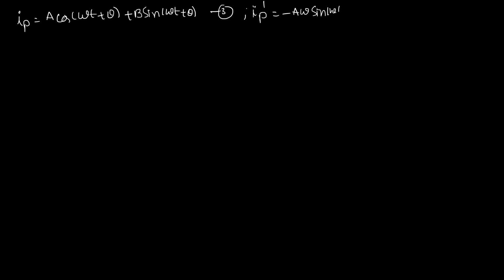For your convenience, I'll be writing the same equations here. i_P is A cos(ωt + θ) plus B sin(ωt + θ). So this is our third equation. Now what is our fourth equation? i_P prime is minus A ω sin(ωt + θ) plus B ω cos(ωt + θ). Okay, this is our fourth equation.